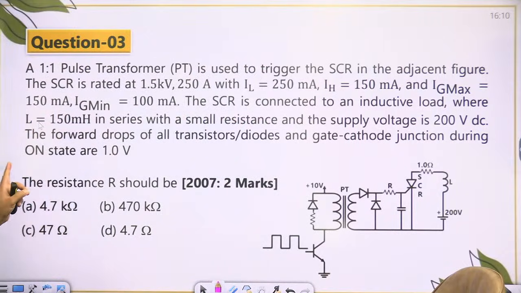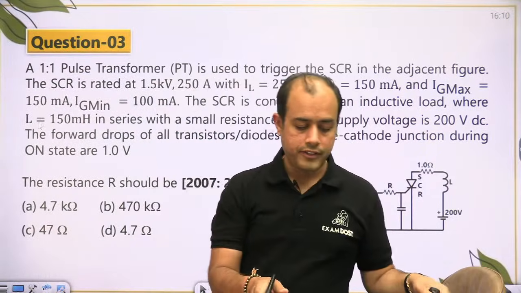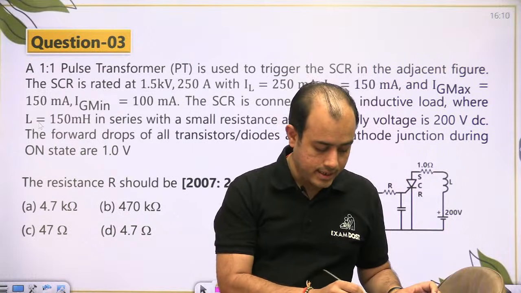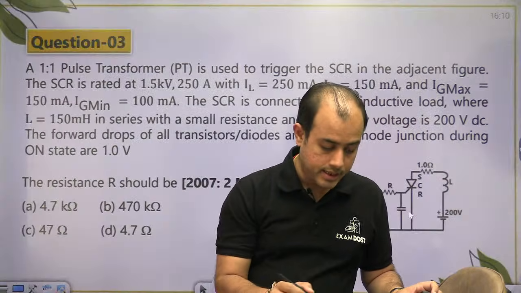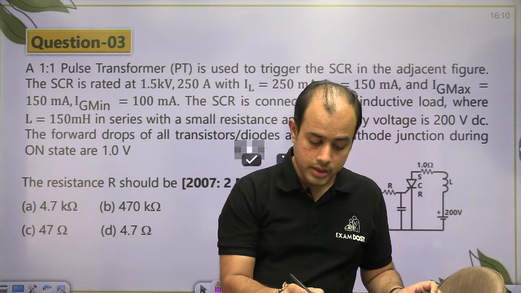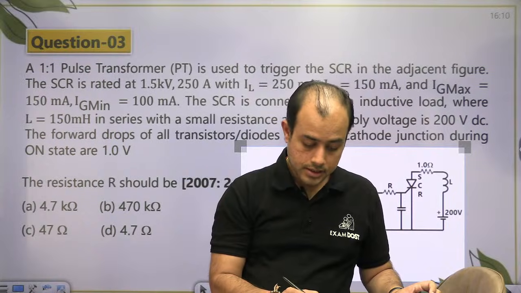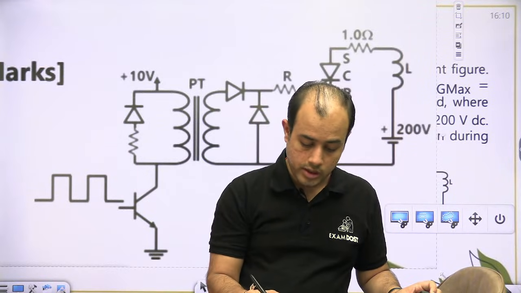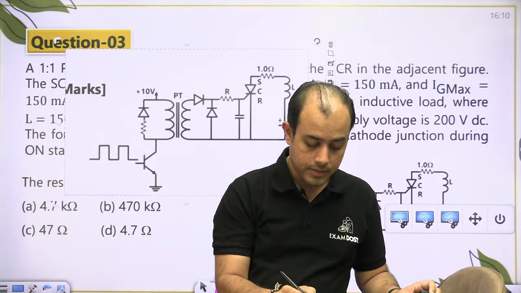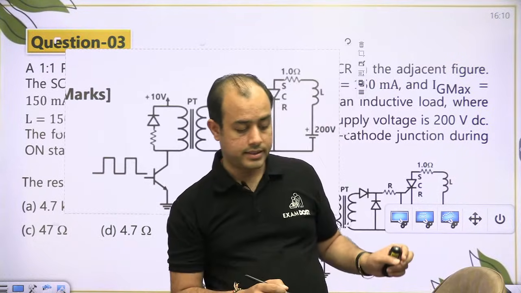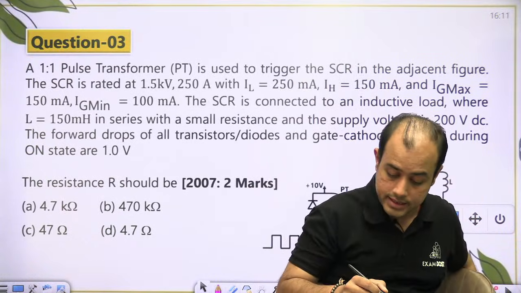In the adjacent figure, the SCR is rated 1.5 kV, 250 ampere. The latching and holding currents are given. The maximum and minimum gate currents are given. The load is an inductor in series with a resistor. The supply voltage is 200 volt DC. The forward voltage drop is given as 1 volt. Now I need to know the resistance required to trigger the SCR.